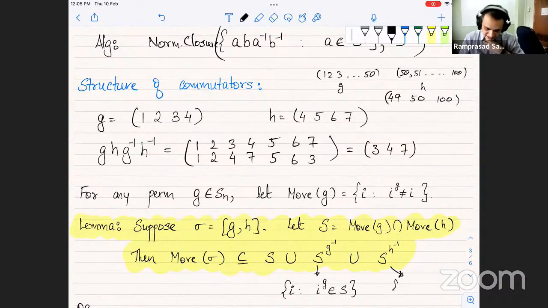Or the set of all i such that i power H falls inside this common set. So in other words, the only things that the commutator moves are either the common elements, or the pre-image of the common elements under G, or the pre-image of the common elements under H.